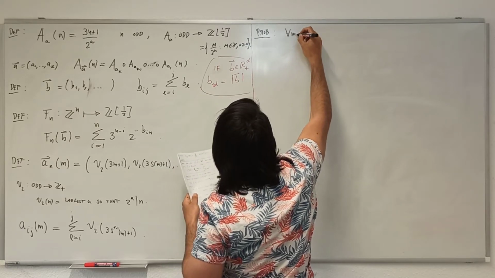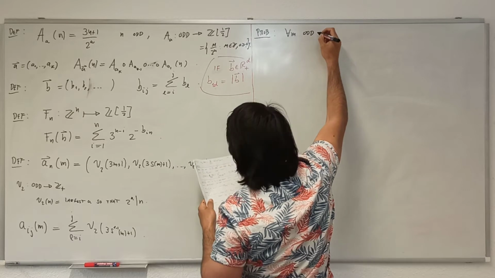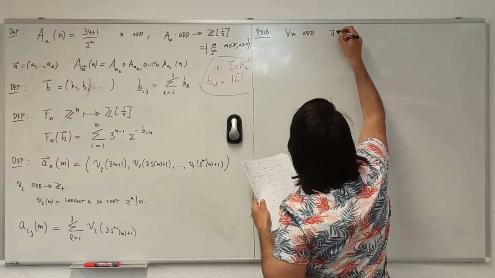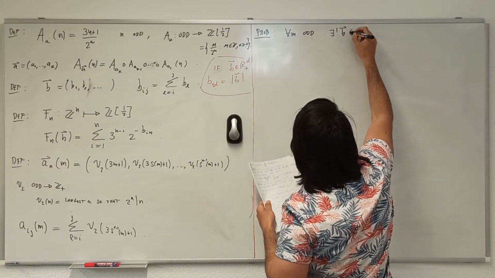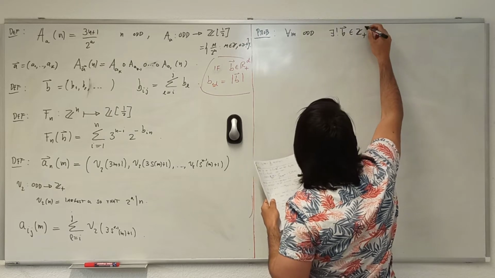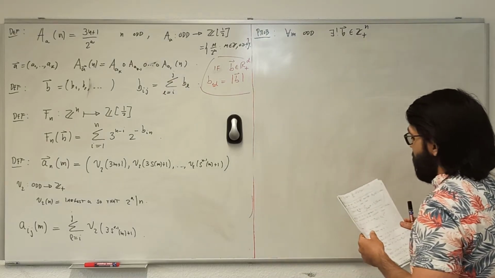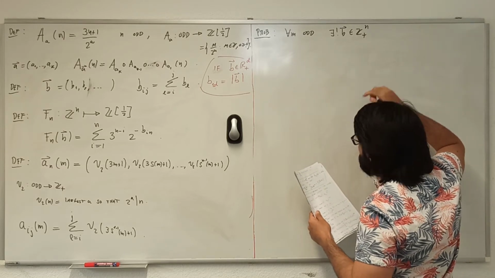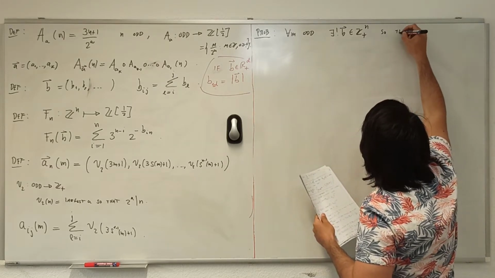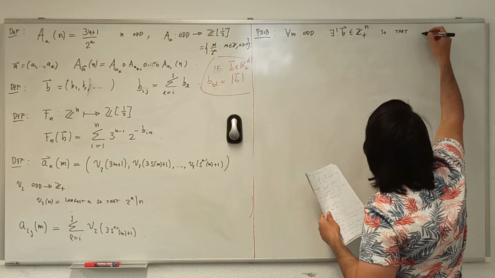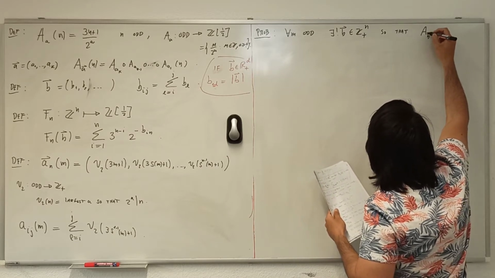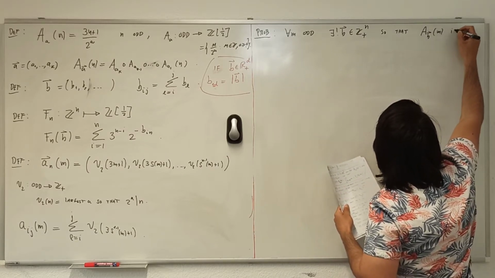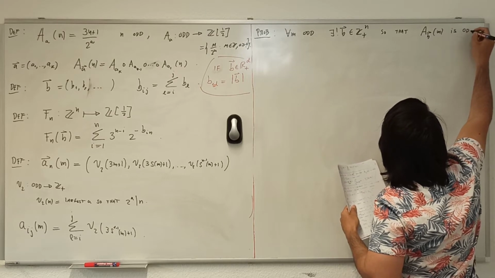For every m odd, there exists a unique b in the positive integers, so that a_b of m is odd.